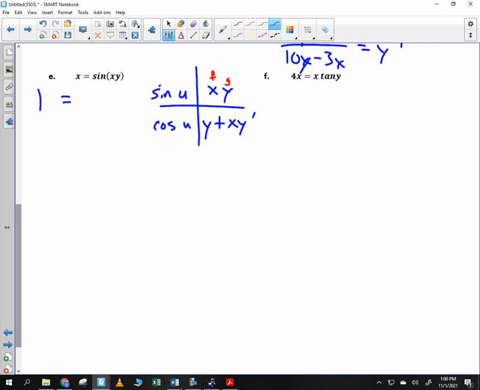So now I multiply those two together, right? So let's be careful with this as we use our parentheses. All right, 1 is equal to y plus xy prime times the cosine of xy.